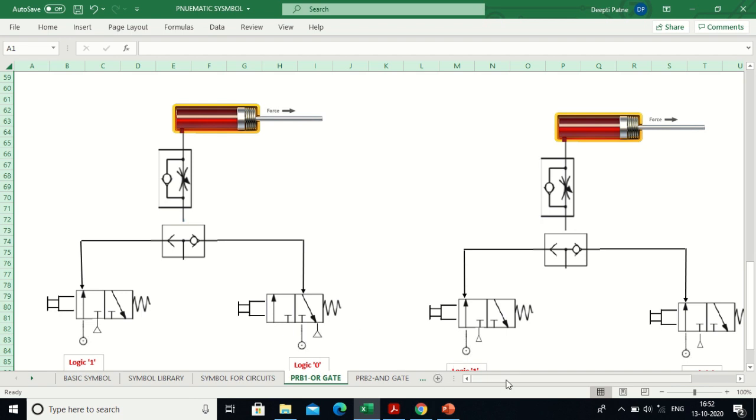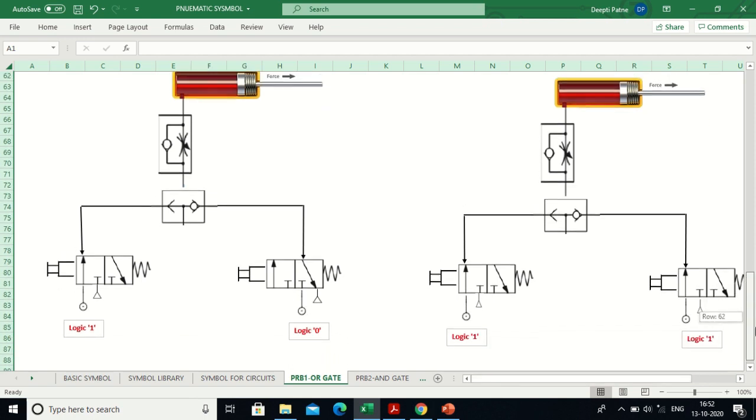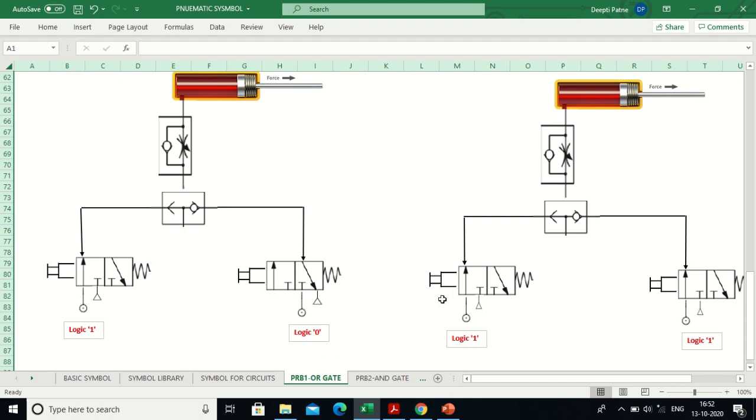Now we will see the last situation, that is logic 1 1. In logic 1 1, with the help of the manual actuator, both the positions have been shifted. So this is connected to the compressor and even this port is now connected to the compressor.